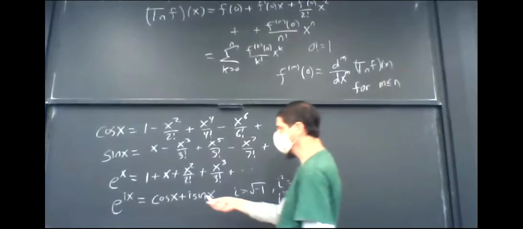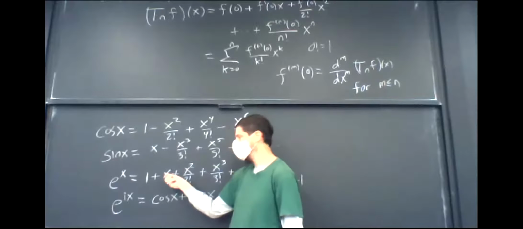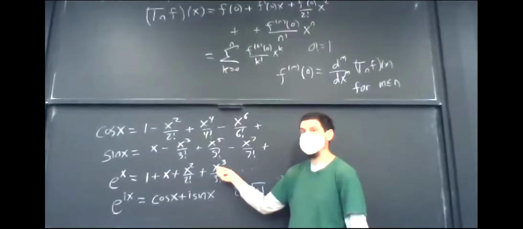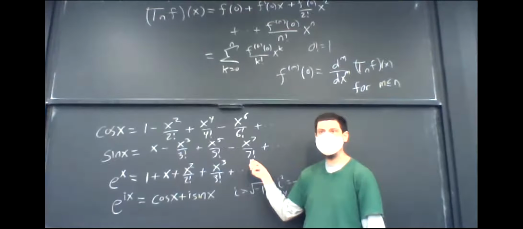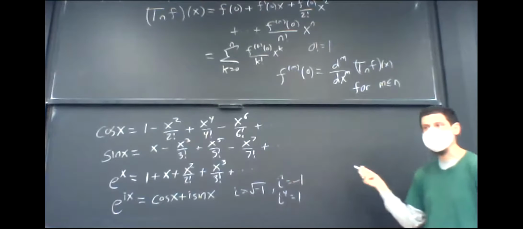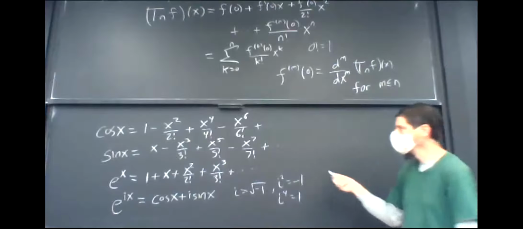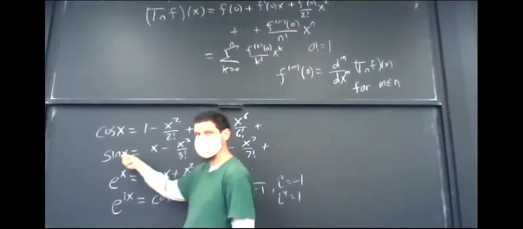So when we look at what would happen if we put in ix, this would be ix, i cubed x, i cubed is going to be negative i, and then i to the 5th, that's just the same as i to the 7th, that's just the same as i cubed. And that's where this is going to come from.